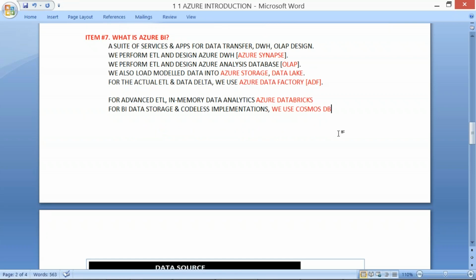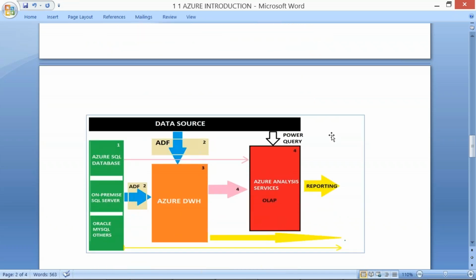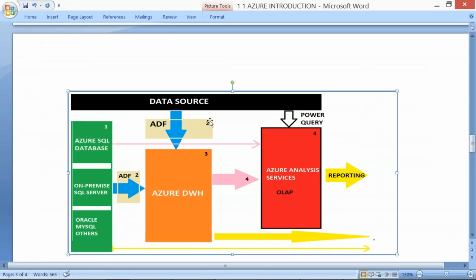With this information, our actual plan, the course plan, at the basic level would be in this way. You take any type of data source, our actual workflow in our course.